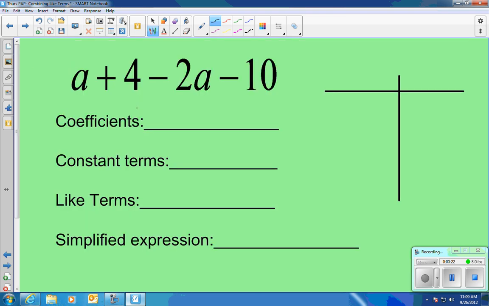This one, we have coefficients of 1, there is a 1 in front of that a, negative 2, and that's it. Our constant terms are the 4 and the negative 10.